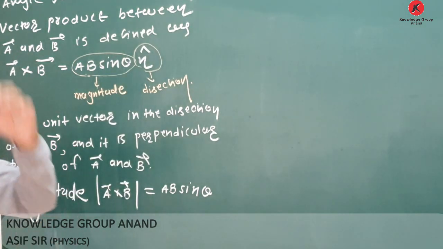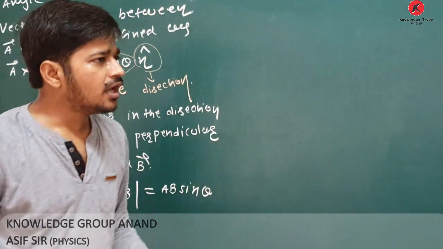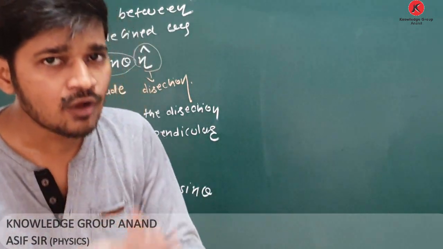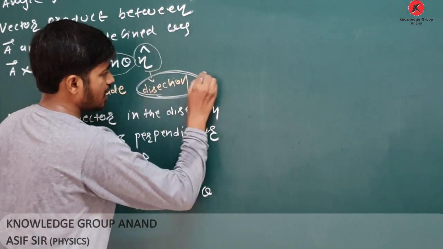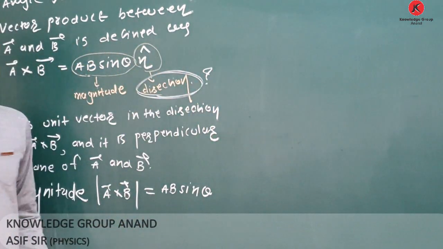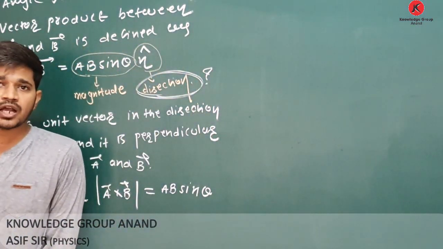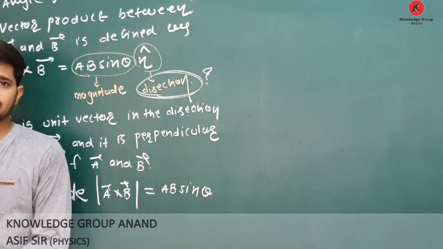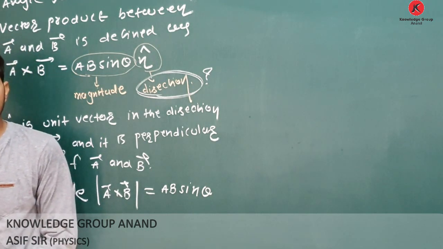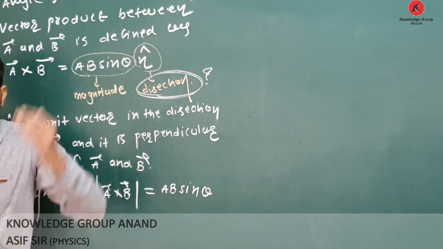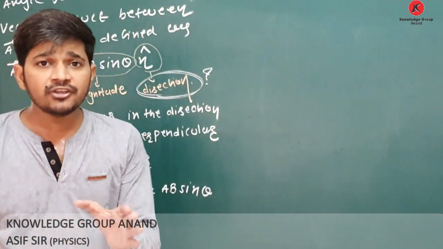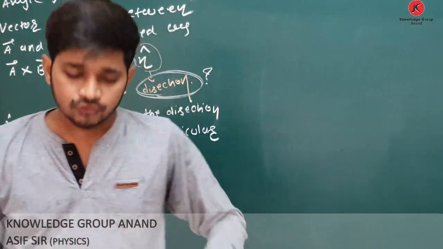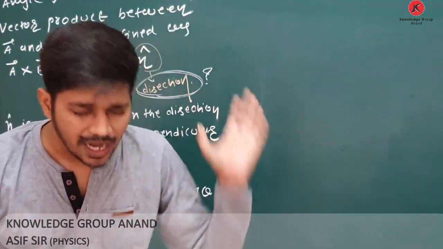Clear about this? Now the most difficult and important thing for this cross product is its direction. How to find the direction of the cross product? In 11th and 12th you will have chapters based on this direction, so it is very important.